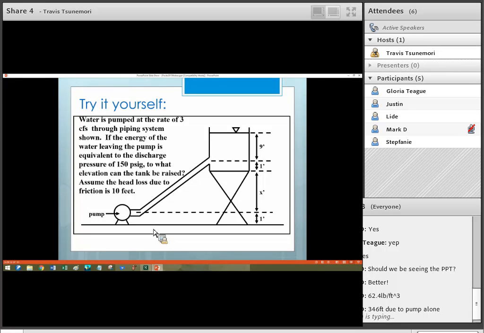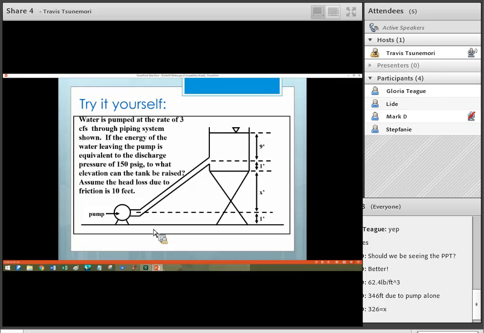So does anybody have a number yet for X? Yes, 326 feet. Because we set point 1 on the far side of the pump, our W is 0, because there is no pump between our first point and the second point. We do have a capital F, though, our friction loss, because the problem is telling us we've got a 10-foot head loss due to friction.